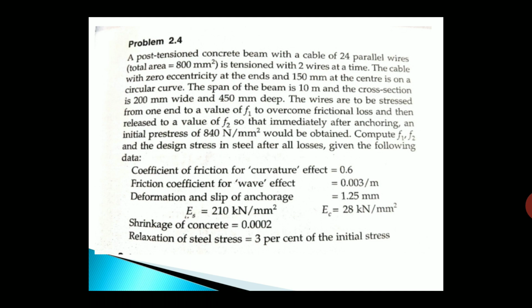Remember, here the initial stage of pre-tensioning and the later stage of pre-tensioning both will come into account when we solve this example. Coefficient of friction, wave effect, anchorage, etc., everything is there in the given data. So let's move on to the solution.